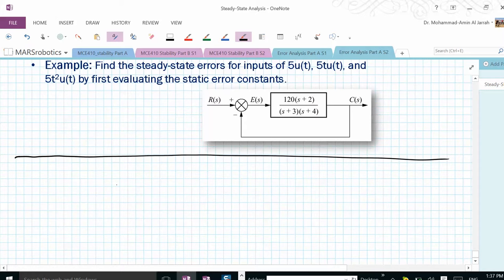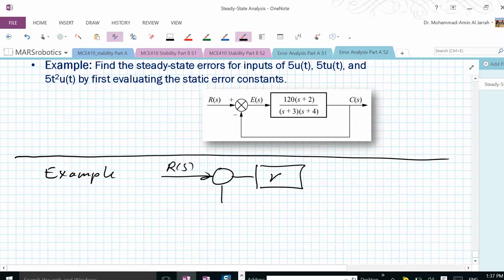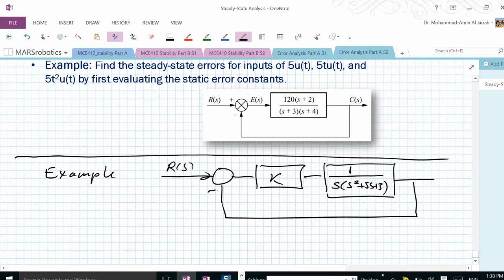Suppose I have a system. Well, example. We have a system. This is the input R of S, and here we have K, and we have the system 1 over S times S square plus 5S plus 3, in a negative feedback loop.